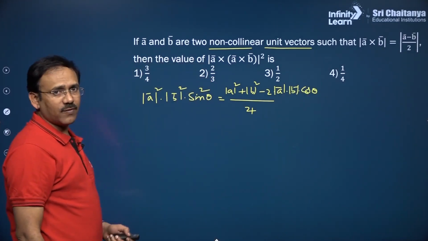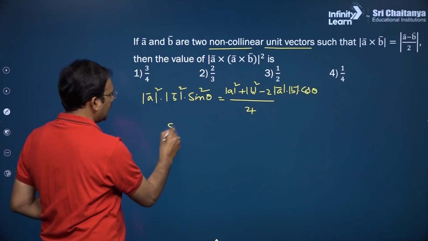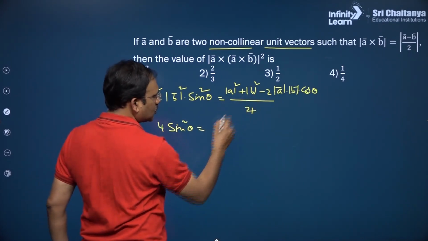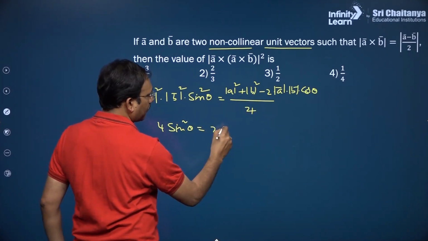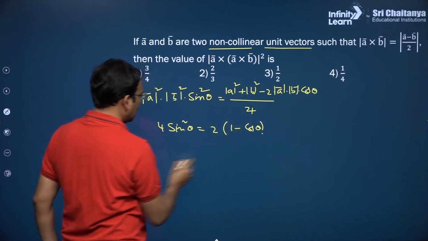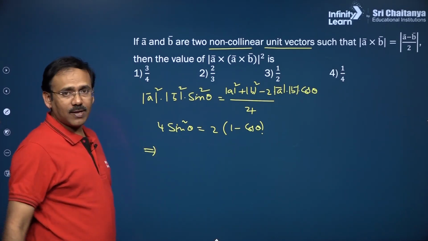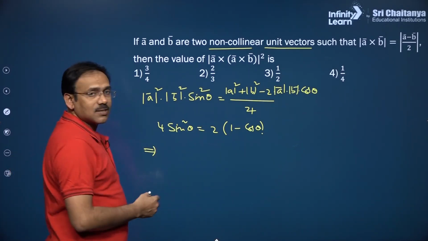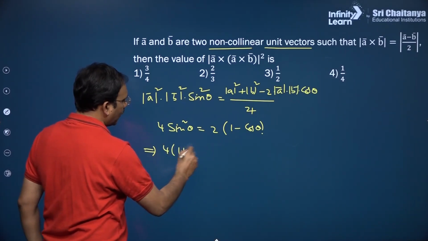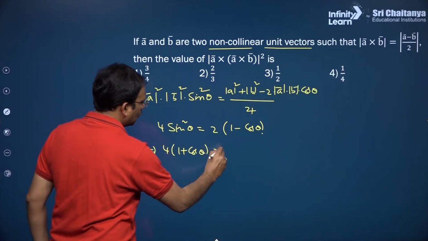You know both are unit vectors and hence this becomes sin square theta into 4 is equal to 2 minus 2 cos theta, you take 2 common, 1 minus cos theta. Sin square theta, if you write 1 minus cos square theta, 1 minus cos theta you could cancel, my dear friends, you will get 4 into 1 plus cos theta is equal to 2.